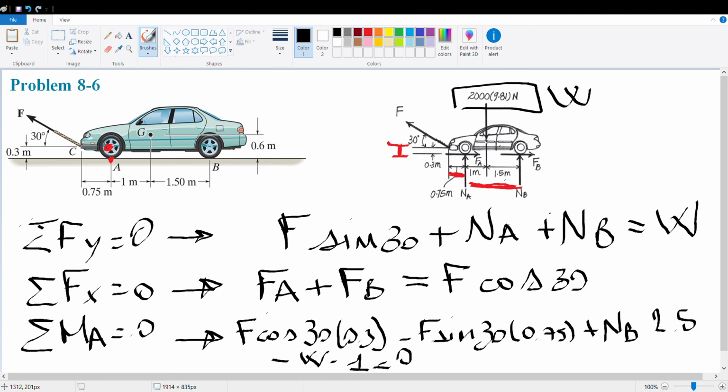Times 1 because this is clearly the arm for the weight with respect to A.